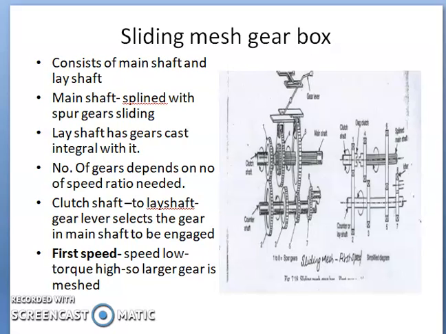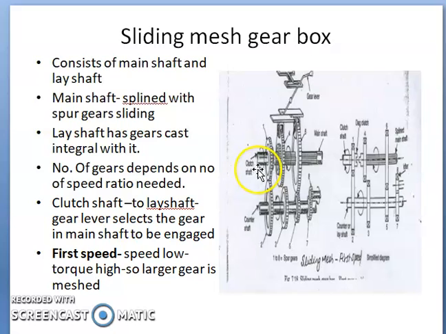Now we'll discuss the sliding mesh gearbox. As the name suggests, we have gears which slide on a splined shaft. Since the gears are sliding on a splined shaft, it is called a sliding mesh gearbox. The sliding mesh gearbox consists of the main shaft and the lay shaft.